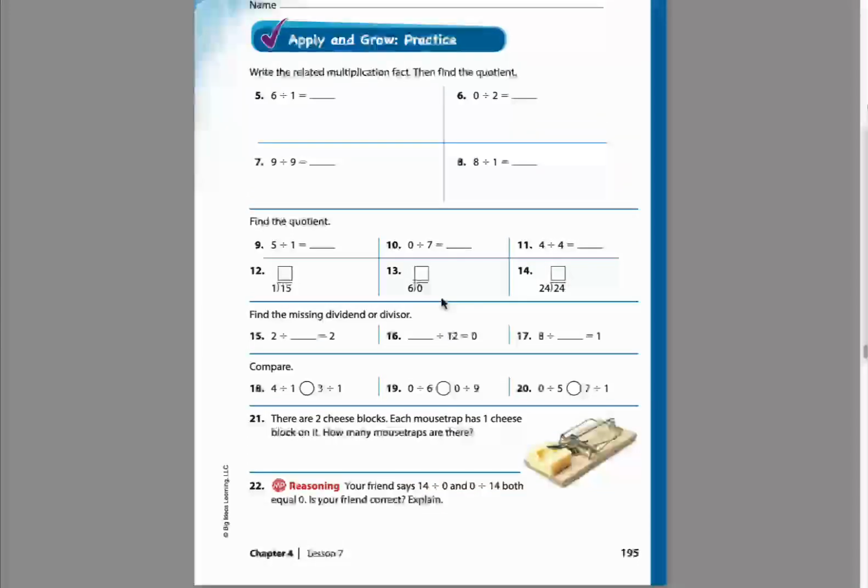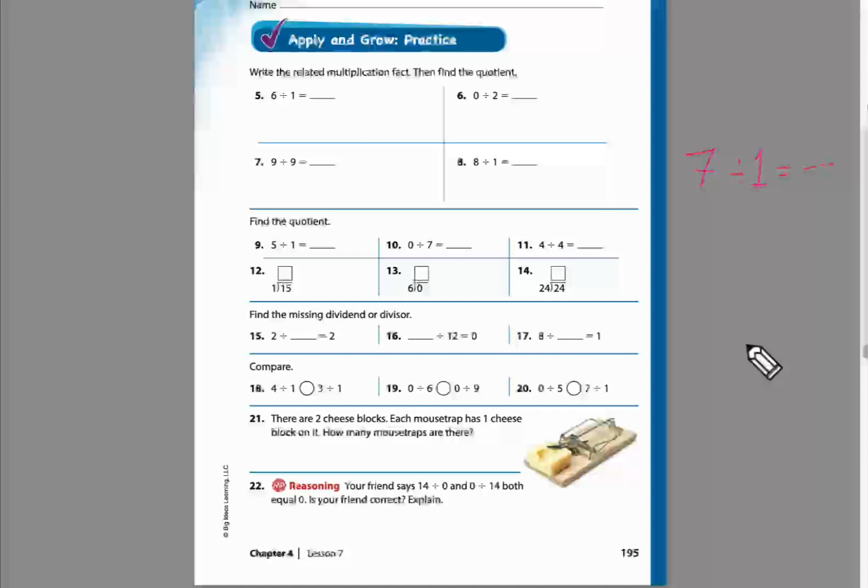Okay. Before we start, I will ask a question. What is 7 divided by 1? If you know the answer, just raise your hand. Abdulaziz?